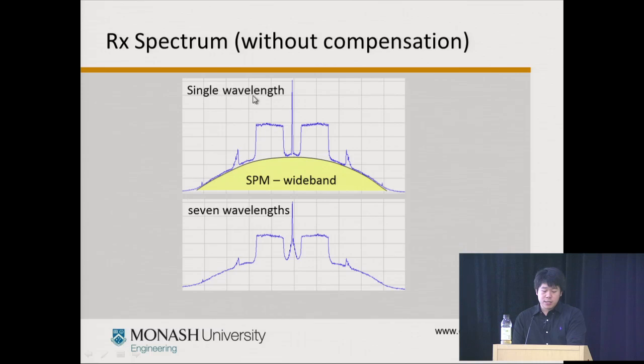You can see here in a single wavelength case, the pilot or the carrier is not very broadened. All you have is this big pedestal of noise. And in a multi-wavelength case, in 7 wavelengths here, you see this pedestal of noise is still there, but the pilot also has phase modulation.